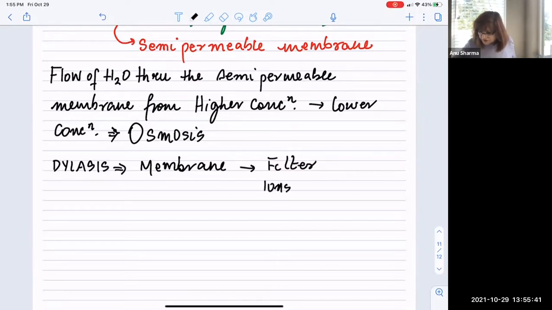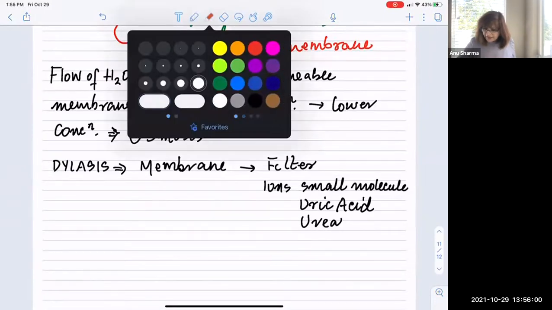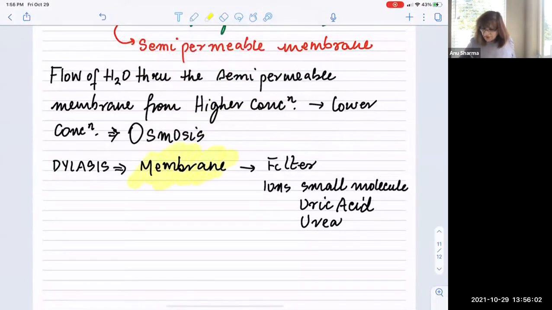You can also filter some small molecules like urea, uric acid. They are manufactured, and these manufactured membranes only allow the flow or filtration of these ions through, water, but not the blood.